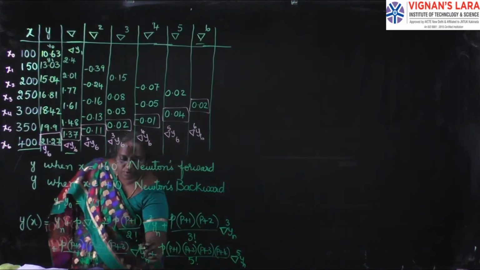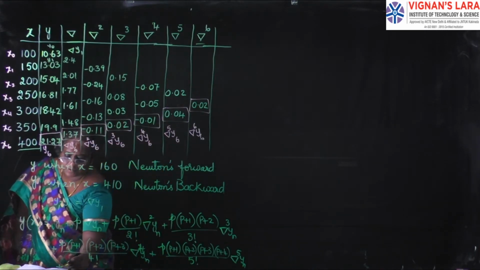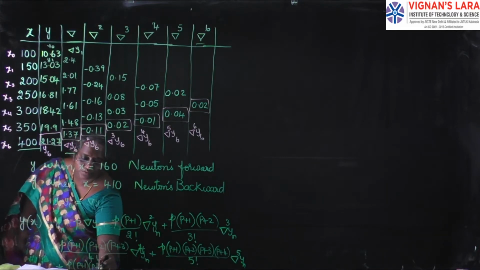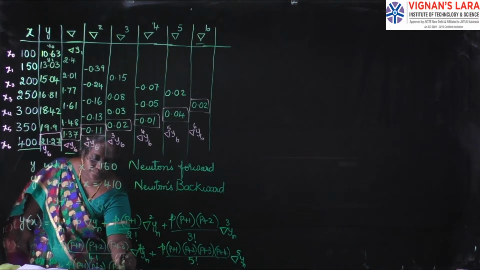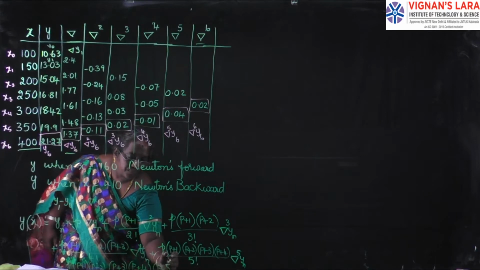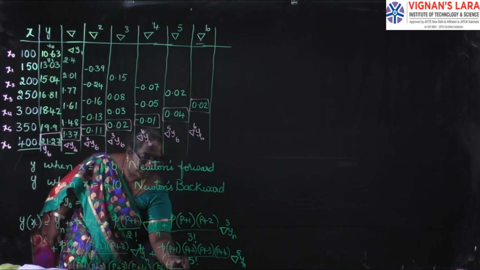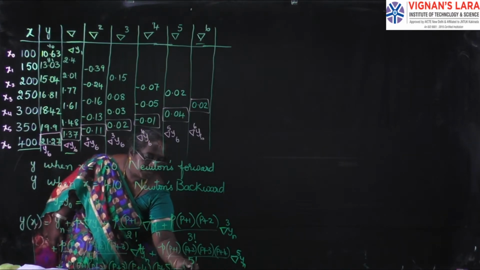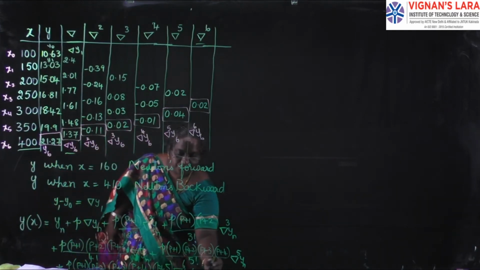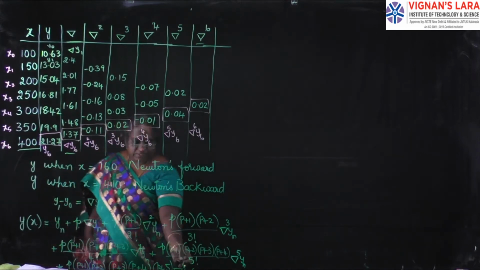Finally the 6th one: plus p into p plus 1, p plus 2, p plus 3, p plus 4, p plus 5 by 6 factorial into 6th backward difference of yn. Here we have stopped writing the formula up to the 6th backward difference.